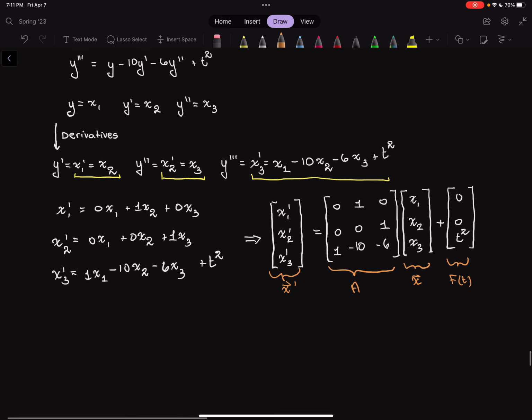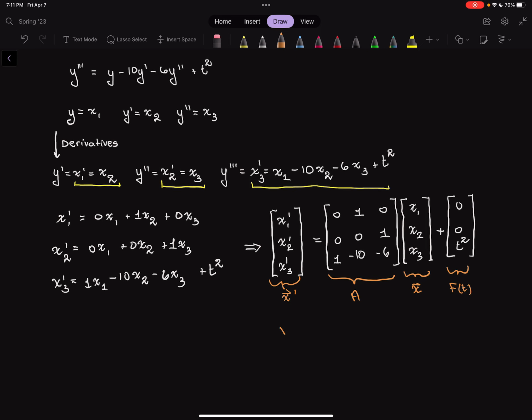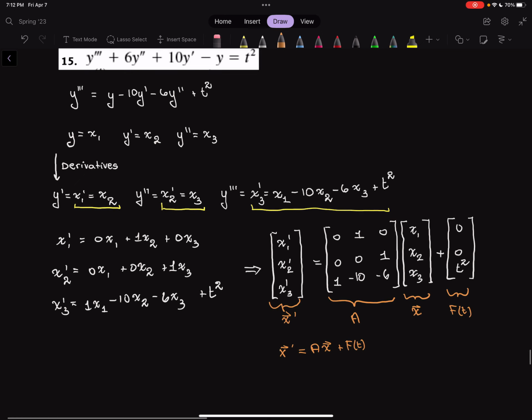So I could rewrite this whole thing as x prime equals A times x plus f of t. And that is useful because now I realize, hey, this is not homogeneous. I'll have to use some methods to solve for the particular solution, which I'll show you how to do in a second. All right, I hope this was useful, and I'll see you next time.